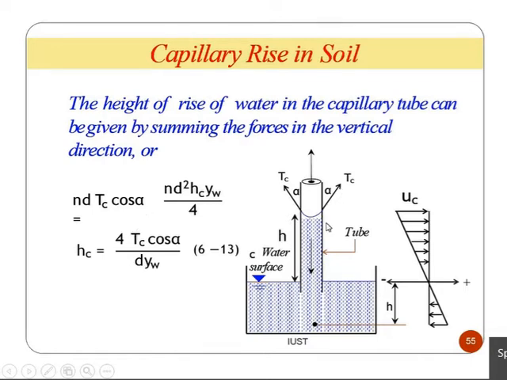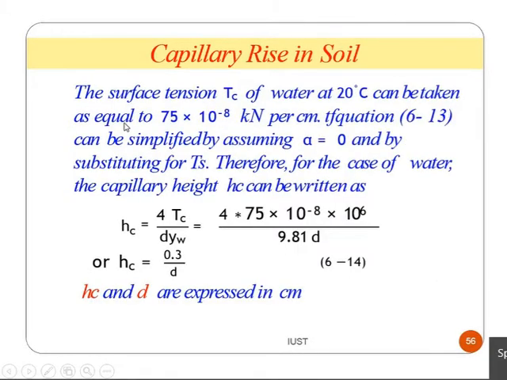Now, that is the value of Tc, and that is the height. The surface tension Tc of water at 20 degrees can be given as 75 into 10 raised to minus 8 kilonewton per centimeter.